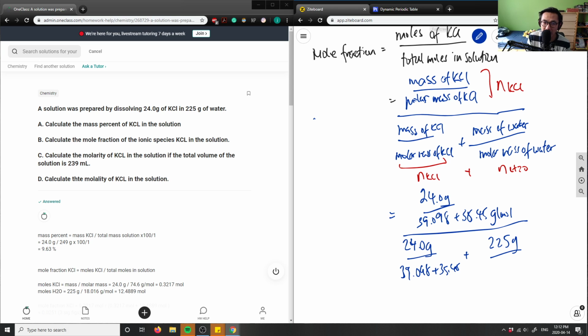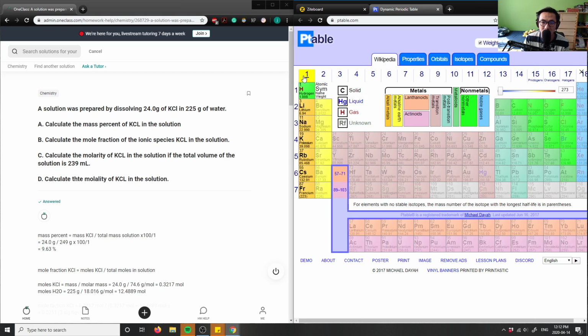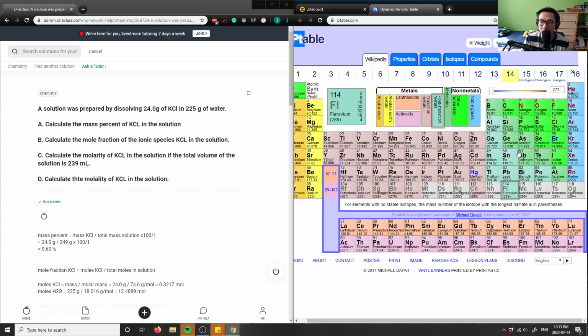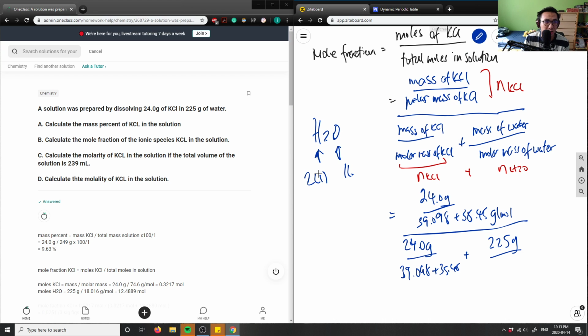H2O: oxygen is 16 grams per mole, and 2 hydrogens means 2 times 1 gram per mole, so 16 plus 2 is 18 grams per mole.